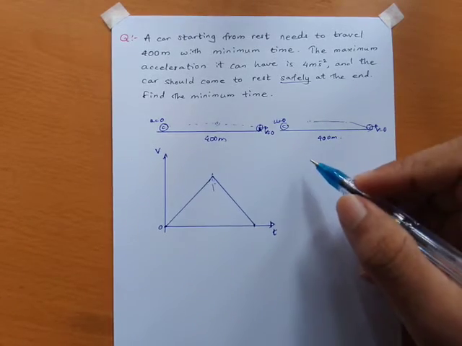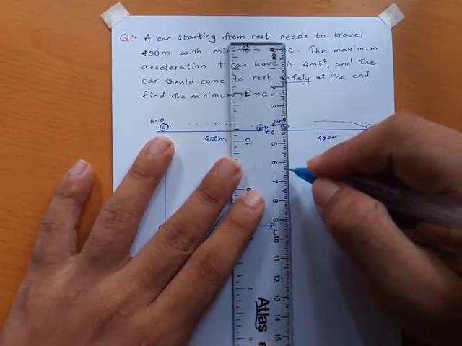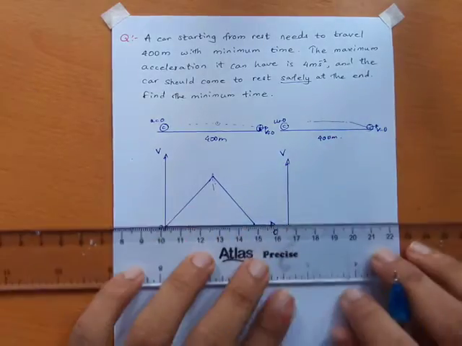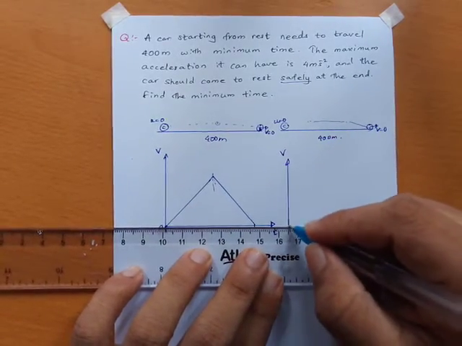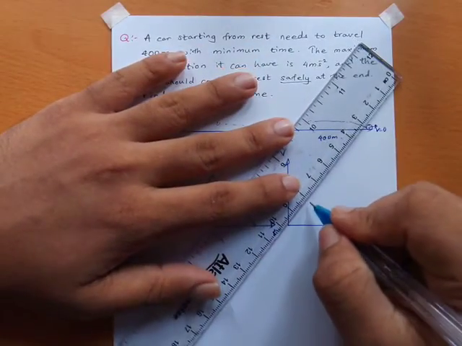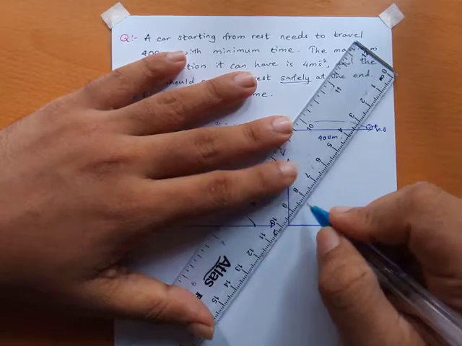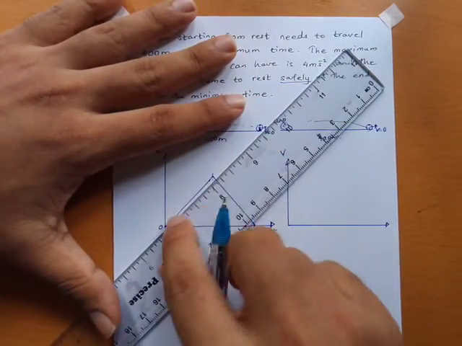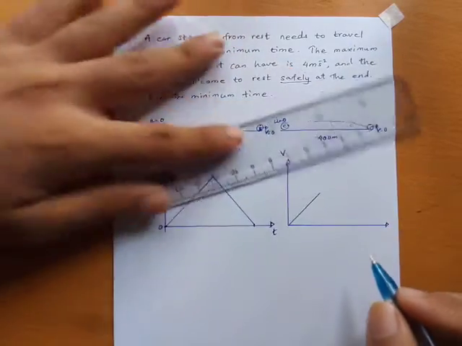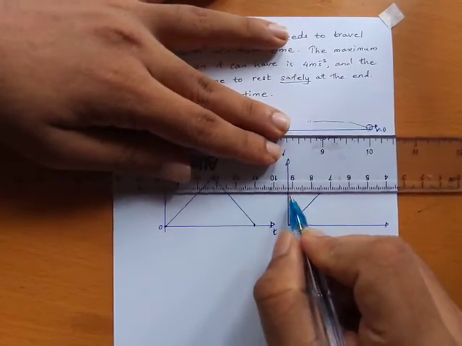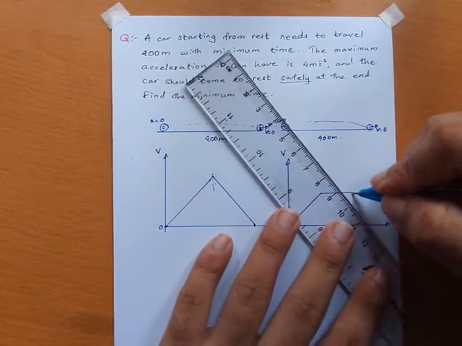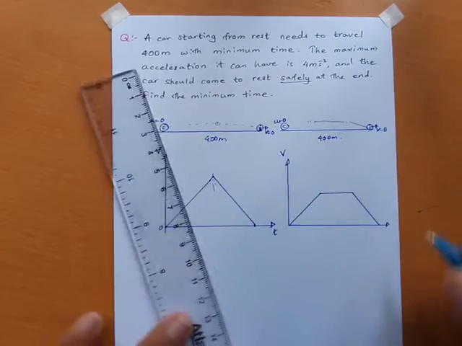Now I'll draw the figure for the other case, VT. It will accelerate for some time, so I have to draw the gradient parallel to this because it is the same acceleration, 4 m s^-2. Then it will attain a maximum velocity, move with that speed, and then again decelerate and come to rest, right?